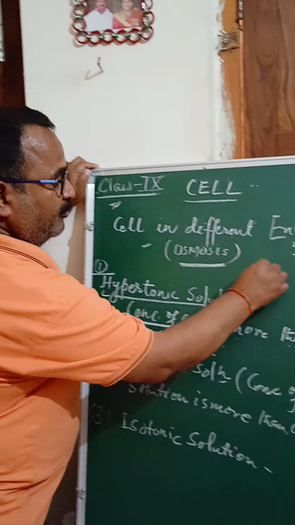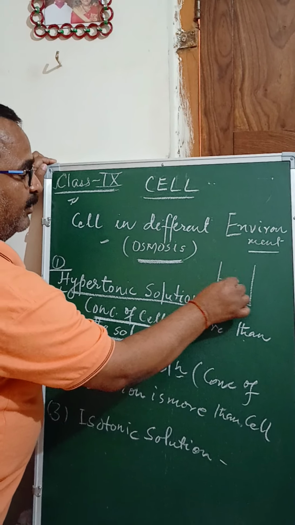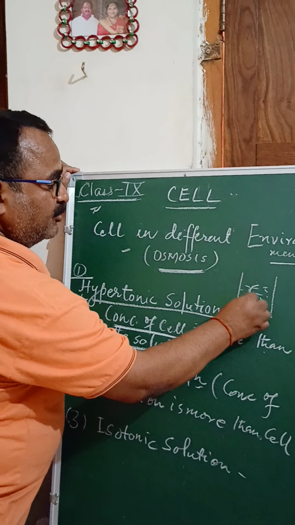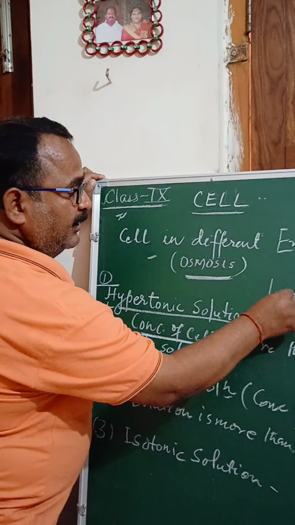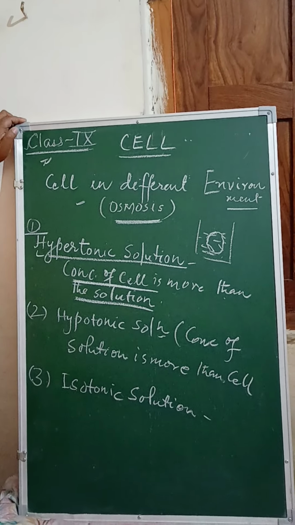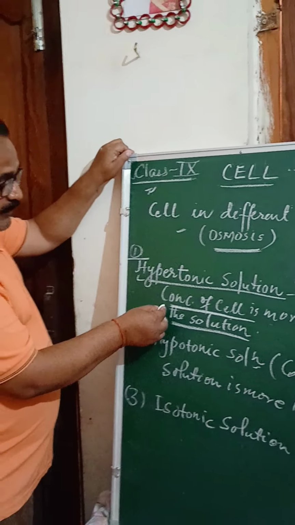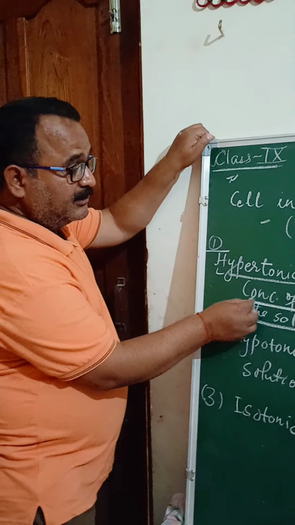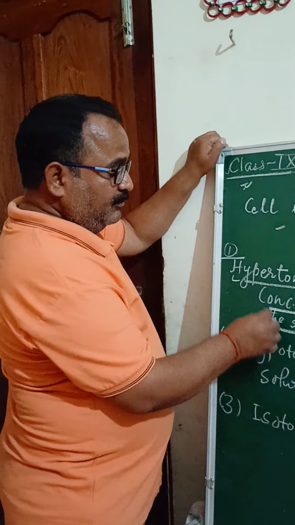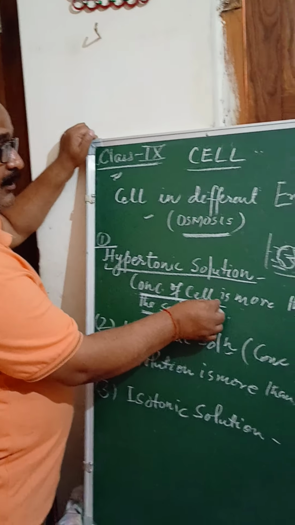Suppose you have a container with a solution and you put one piece of resin into it, and its original shape is this. The concentration of the cell, here the resin is a cell.